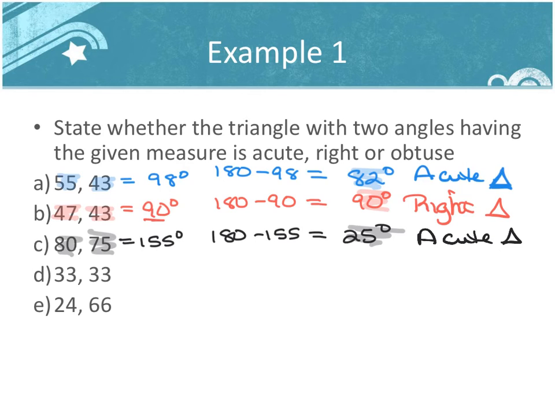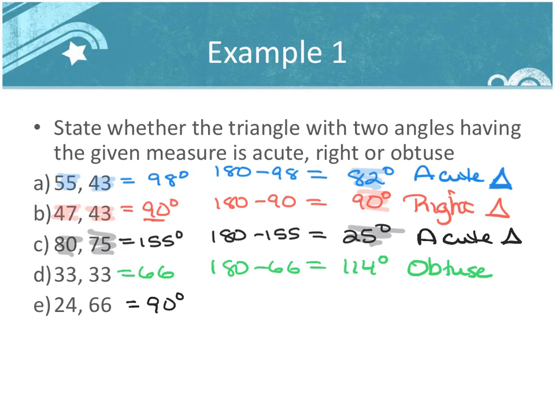Next one, I'm going to add 33 plus 33. That gives me 66. Subtract that from 180, and my missing angle is 114. 114 is greater than 90 degrees, so this is an obtuse triangle. And the last one, add 24 plus 66.